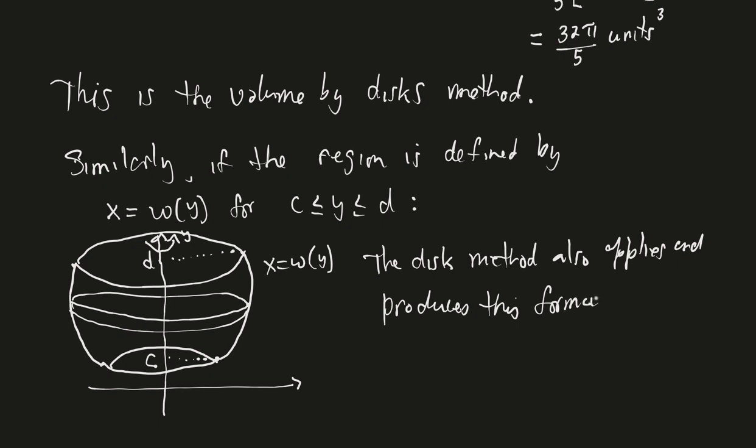You take the pattern, so the volume will be the definite integral now from c to d, and my function is, it'll be pi, but now it's going to be my w of y squared, because it's pi times the function squared, and then we integrate that with respect to y.